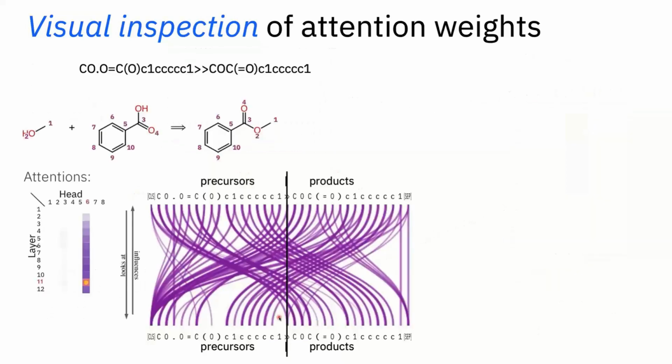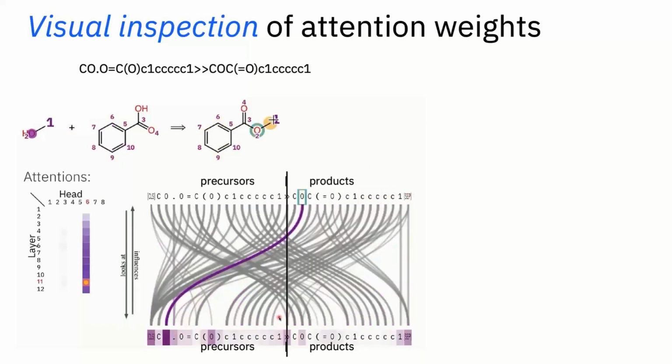And at some point, we found layers like the following here. If you look closely, you realize that most of the precursor atoms somewhat point to the product atoms, and most of the product atoms point to the precursor atoms.